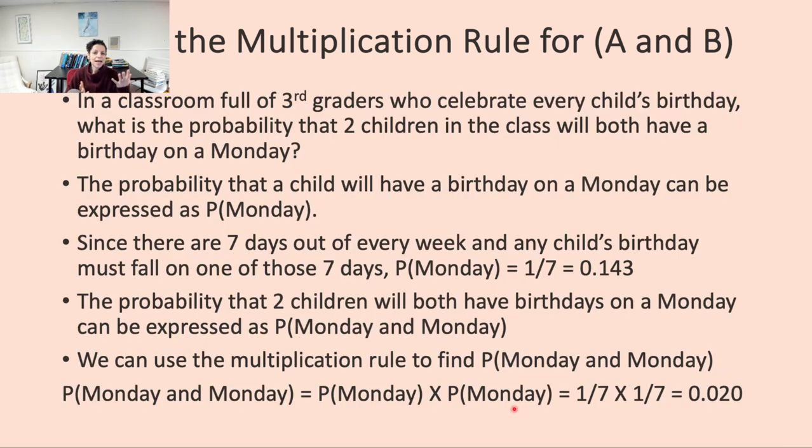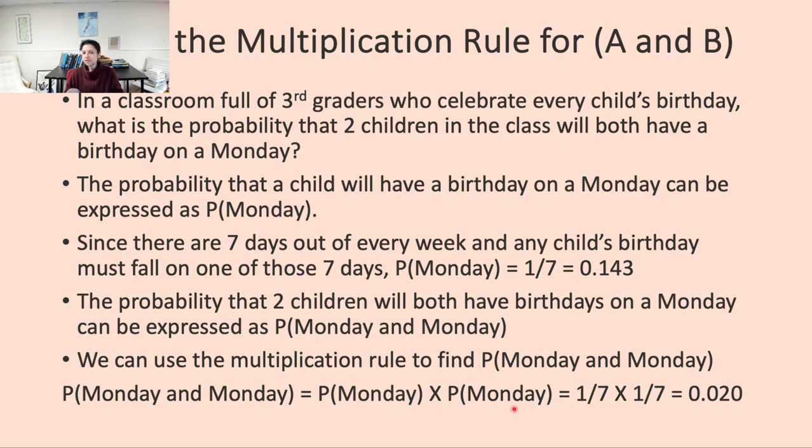So let's look at an example of the multiplication rule, a simple example. We have a classroom filled with third graders. We celebrate the birthday of every child. We want to know the probability that 2 children in the class will both have a birthday on a Monday. The probability that any child will have a birthday on a Monday can be expressed as P Monday.